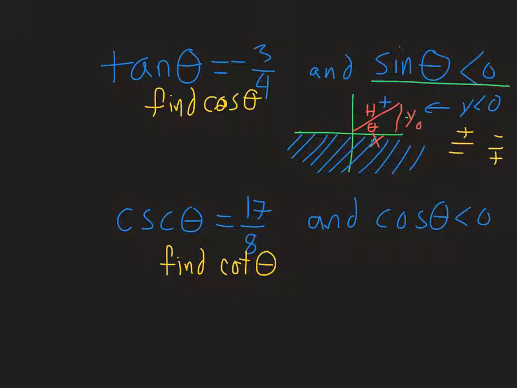We know we have to have one of those two things because we have a negative value here. So if we're talking about y divided by x, we're talking about either the second quadrant, where we'd have a positive y divided by a negative x, or the fourth quadrant, where we have a negative y divided by a positive x.